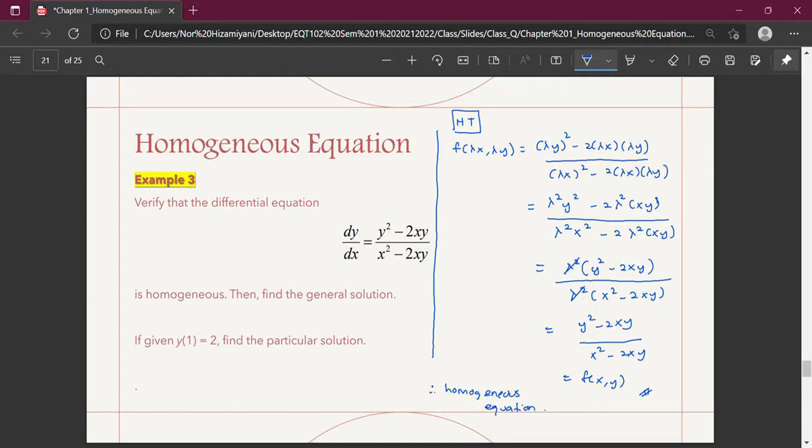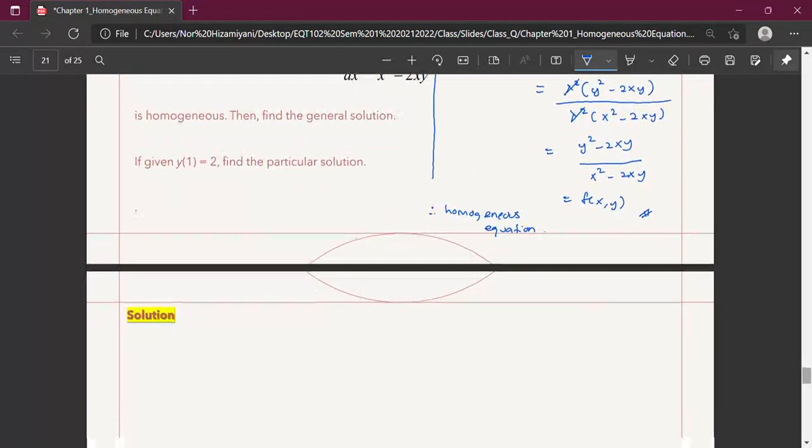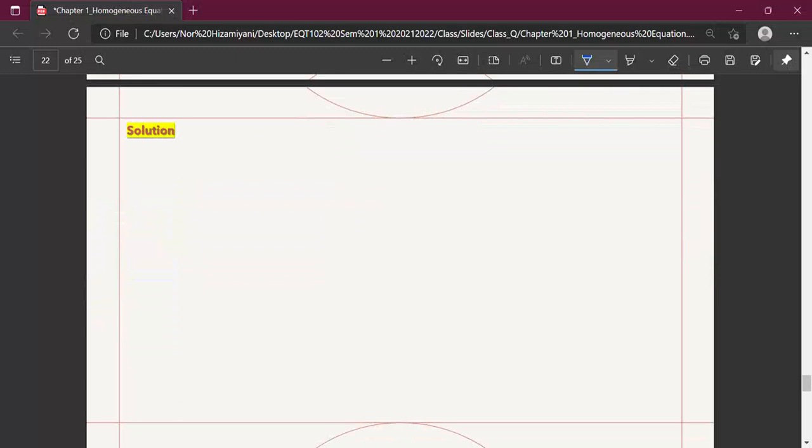Now, we're going to proceed with the second step. So you substitute y equal to vx and dy over dx equal to v plus x dv over dx.